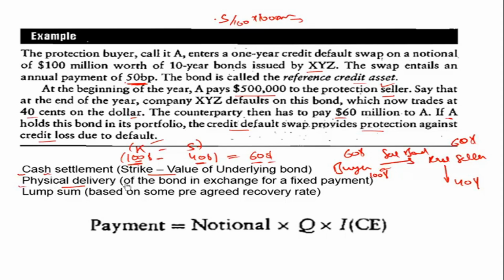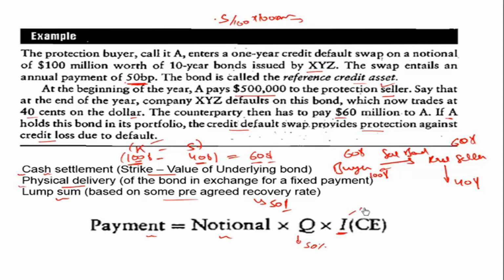In some kinds of credit default swaps, there is just a lump sum payment based on some pre-agreed recovery rate. So it's just agreed that if this bond defaults, I will pay you $50, regardless of what the price of the bond is. So in such a case, the payment will simply be the notional multiplied by the recovery rate agreed, so let's say it's 50% or 40%, times an indicator I, depending on whether the bond is in default or not.